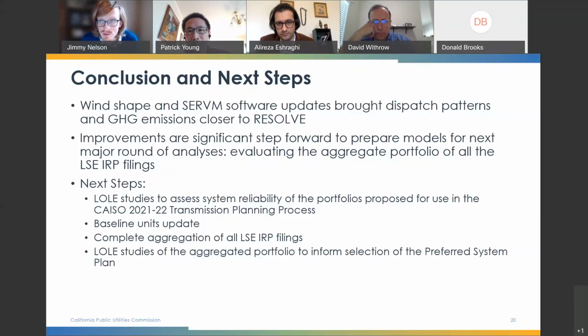The reason that year was chosen was because it had a higher capacity factor than normal. So we started off with wind shapes that had a slightly low capacity factor and chose one specific year, which moved us in the right direction. So if you take a look at the wind capacity factor in that tool, my guess is it's probably closer to either the Resolve values or the updated SERVM values versus the unupdated SERVM.